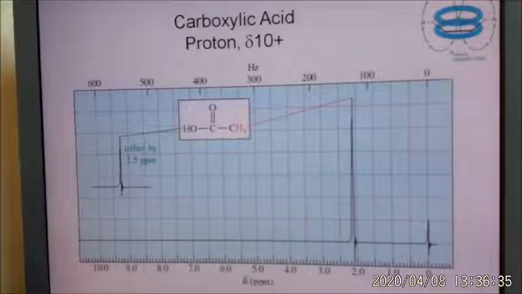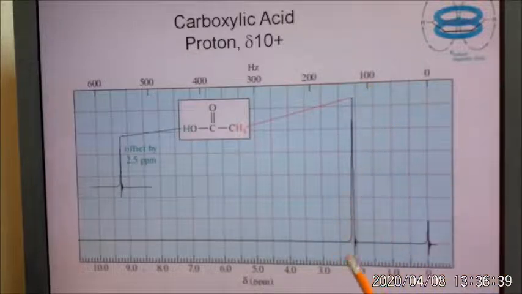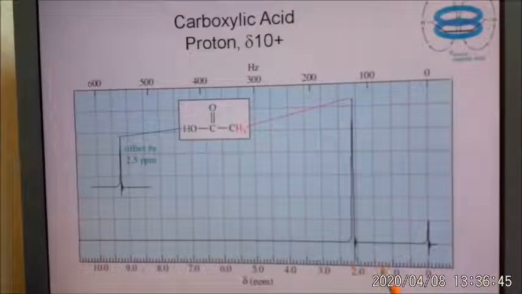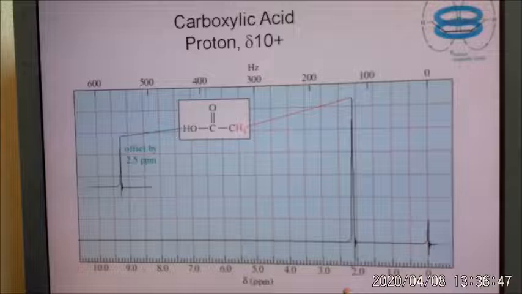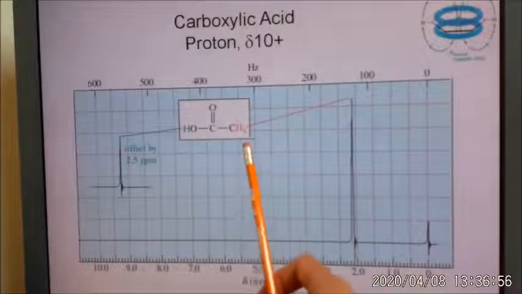Okay, so here, this looks to me like a methyl group. It should have been 0.9. Got shifted up to about 2.1, so it went downfield here. And so that means that I'm next to a very electronegative group. This is a typical area for a methyl to be adjacent to a carbonyl group, right here.